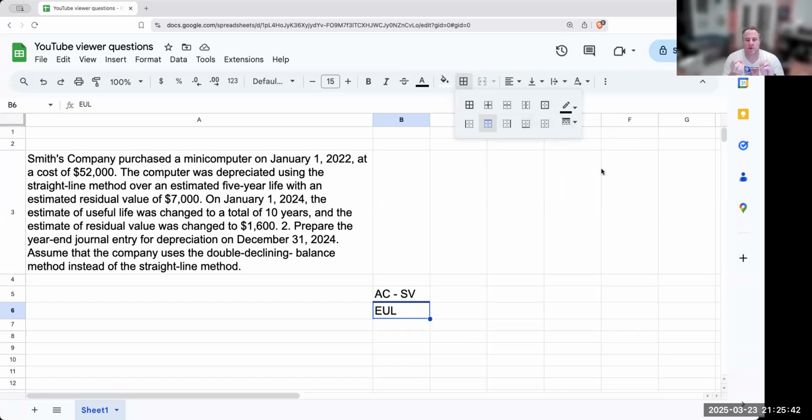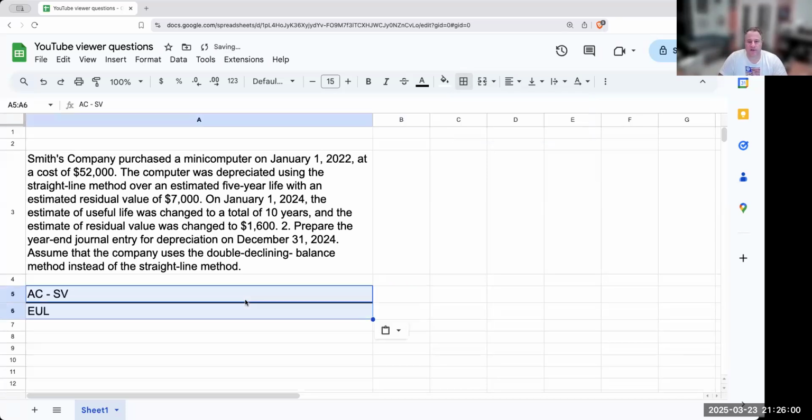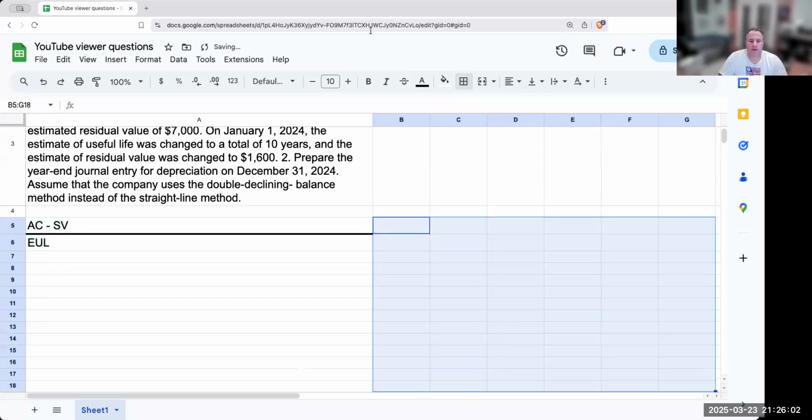The important thing is we're not going to get into a hot tub time machine, a DeLorean that can hit 88 miles per hour, go back in time, and redo stuff. Rather, we're going to handle any depreciation changes prospectively. So let's take a look at this particular question.